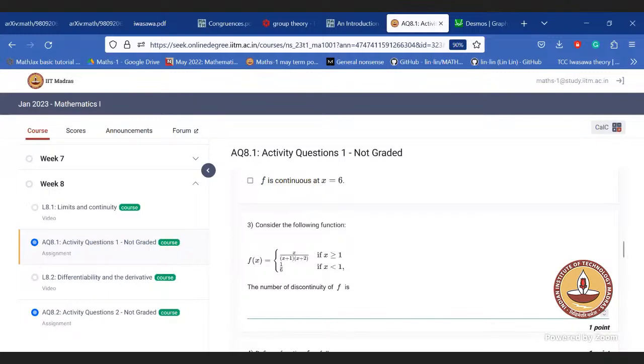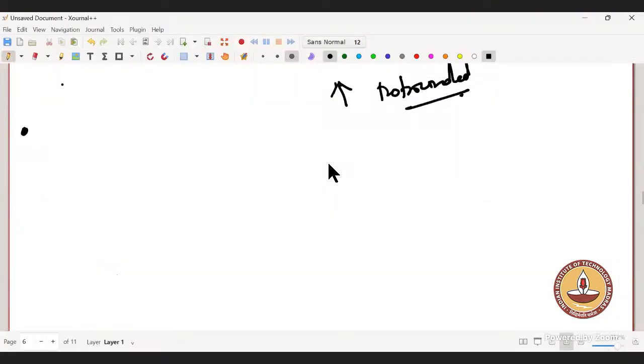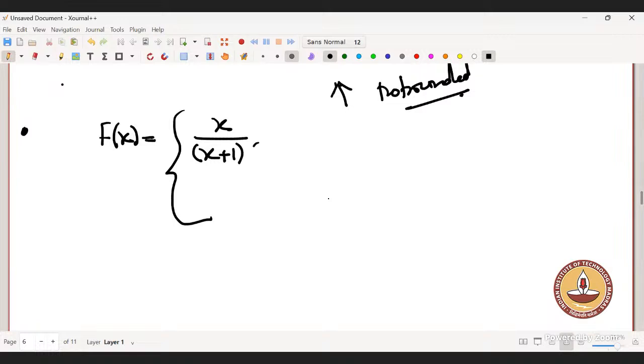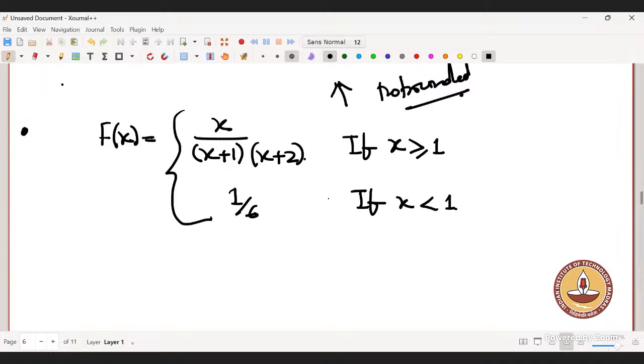Right, yeah. Just a minute, let me share the screen. So, this is how we define this function, right?